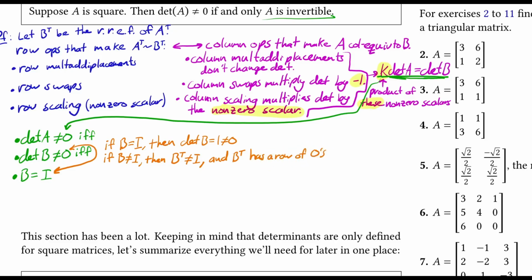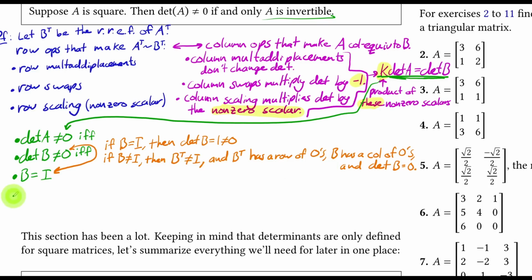And if B transpose has a row of zeros, B has a column of all zeros, and that makes its determinant 0. So this step is really why we're talking about reducing A transpose to reduced row echelon form, because we know that a reduced row echelon matrix that is square and isn't the identity must have a row of all zeros.